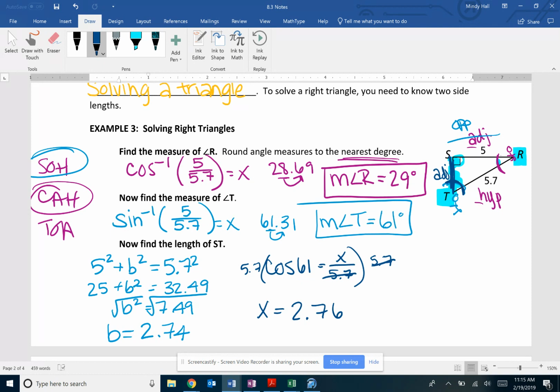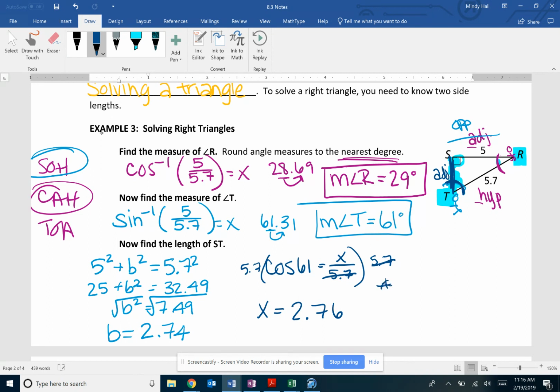And just out of curiosity to check it, if I do the cosine of 61.31, I get 2.736 again. So it might not be a bad idea if you do use trig to just plug in your decimal form of the degree measure, or you can use Pythagorean theorem. Either will work.